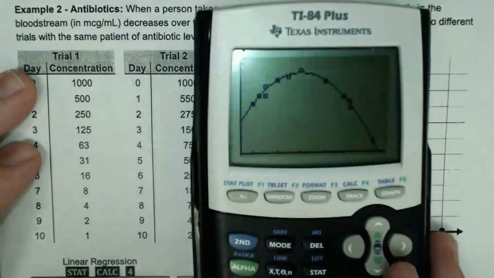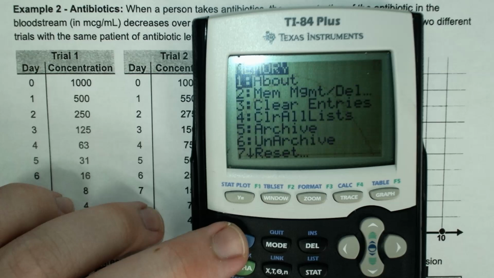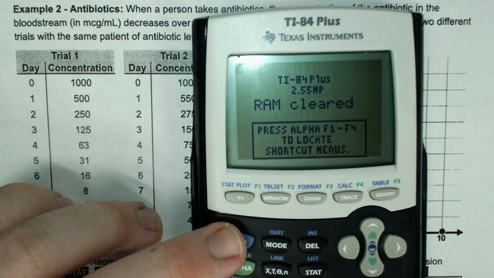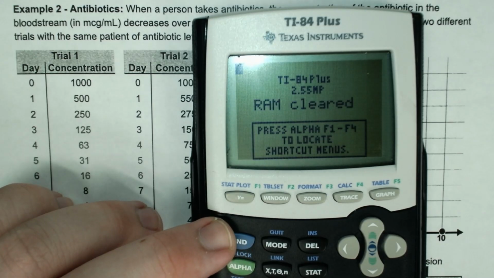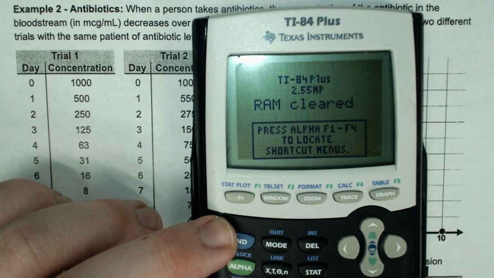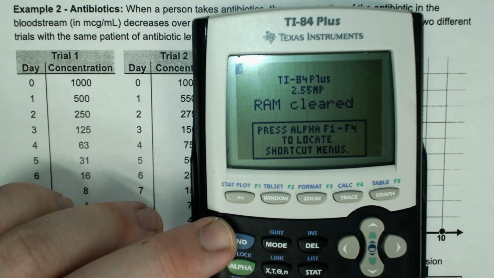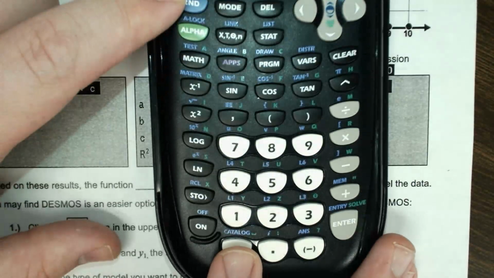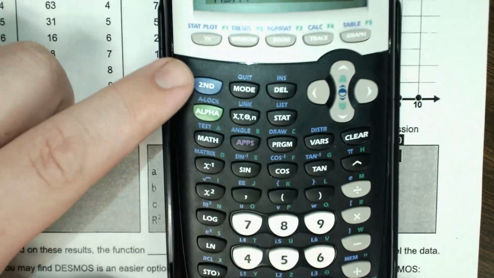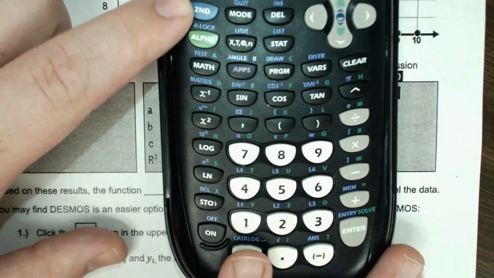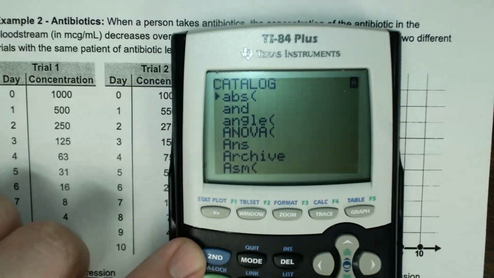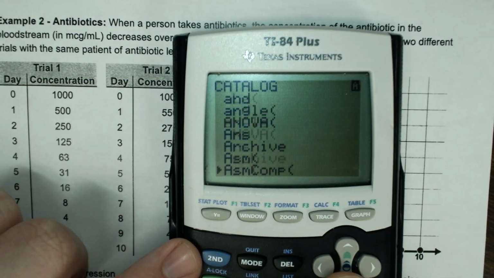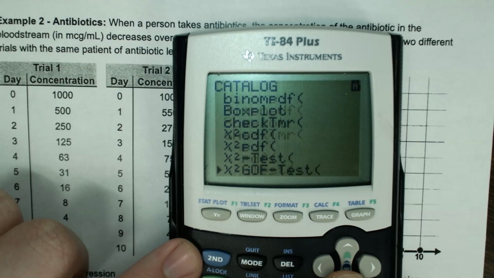So first, let's reset our calculator. Second plus 712. Now, in doing that, we did turn our diagnostics back off. So yesterday, what we did to turn our diagnostics on, if you'll press second and then 0 to go to the catalog, again, second, 0 to go to that catalog, and then scroll all the way down until you get to the D's.